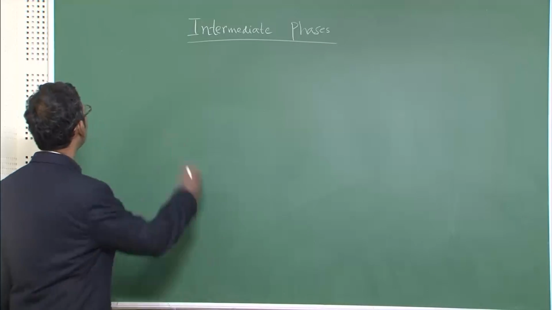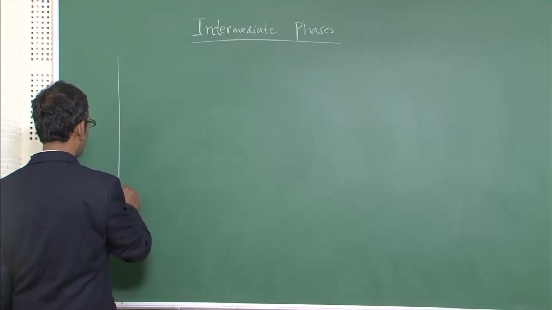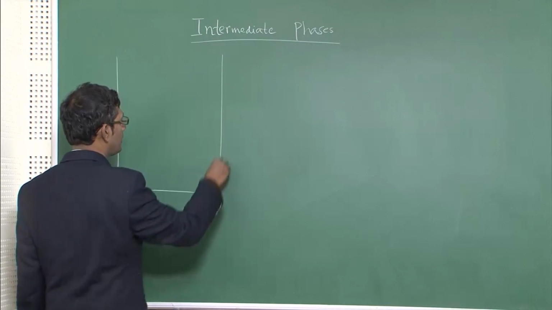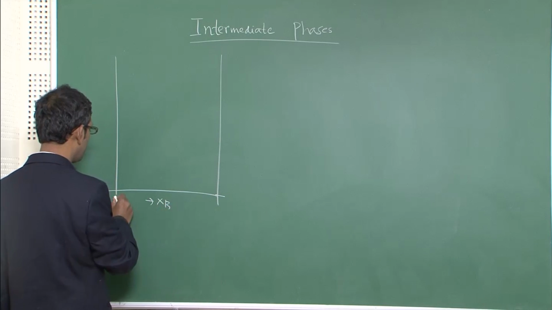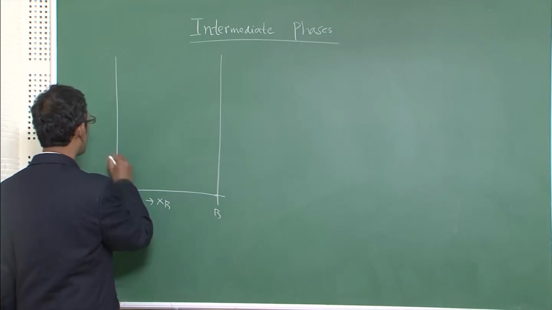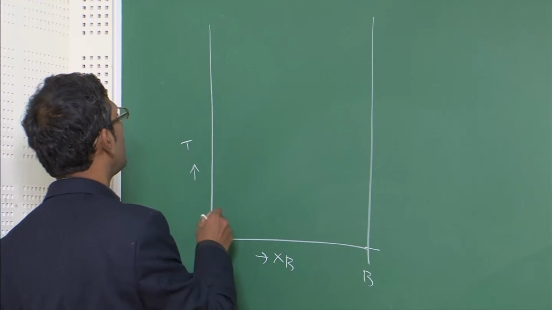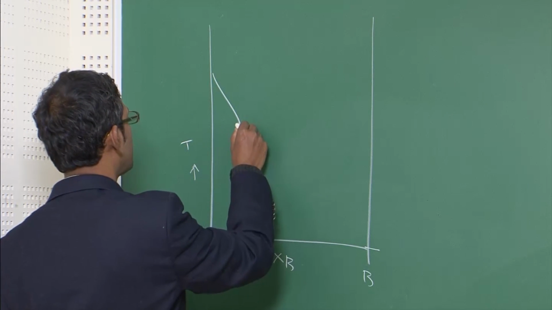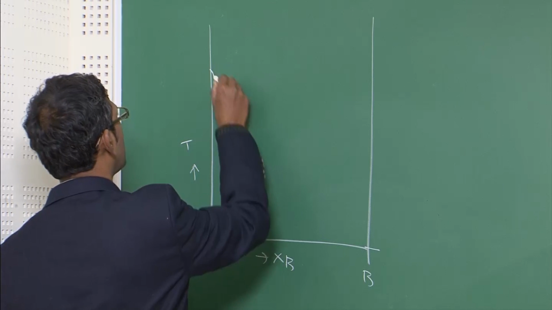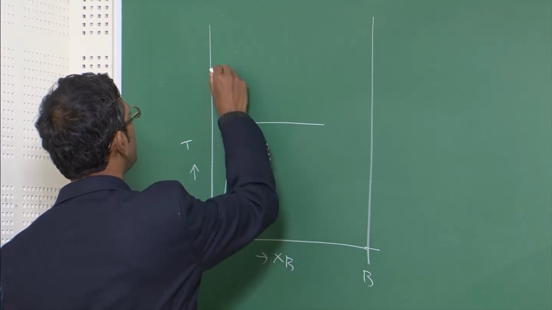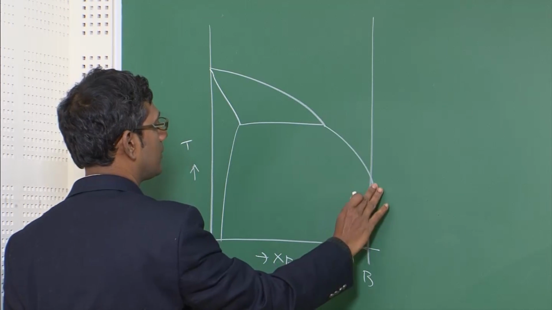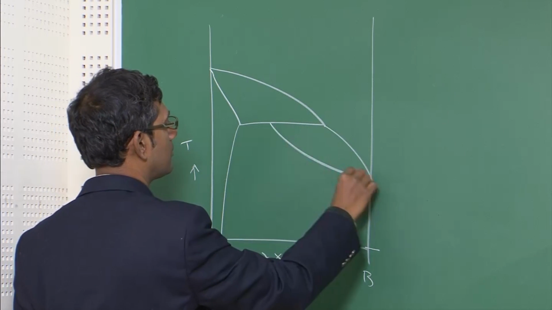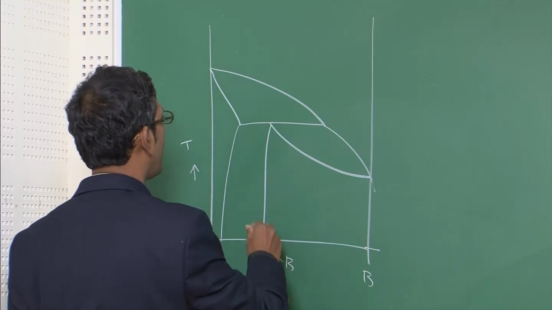But let me first draw the two peritectic phase diagrams, the one which I have already shown you and the new one also. So, first let me draw the one which I showed you in the last lecture. This is the classical peritectic phase diagram with a peritectic reaction.